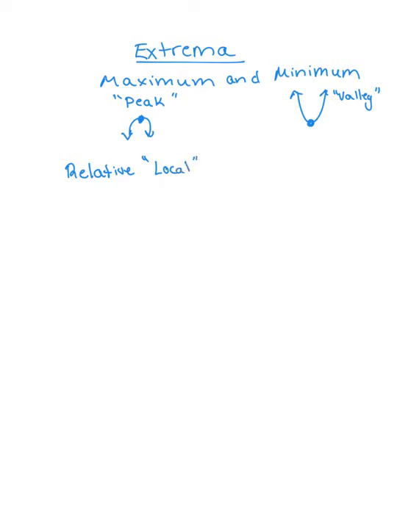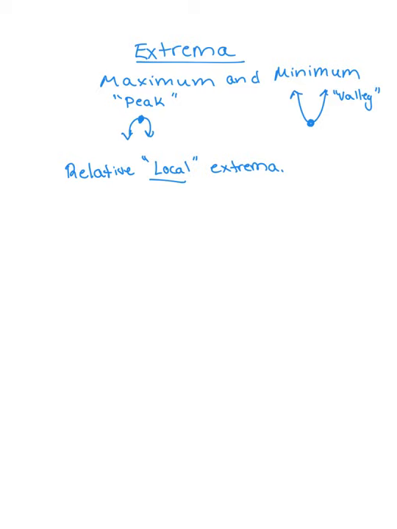I believe your textbook talks about local, but on your SATs and in different textbooks, I see different ones. Instead of saying local max and min, we say local extrema, and it satisfies both.